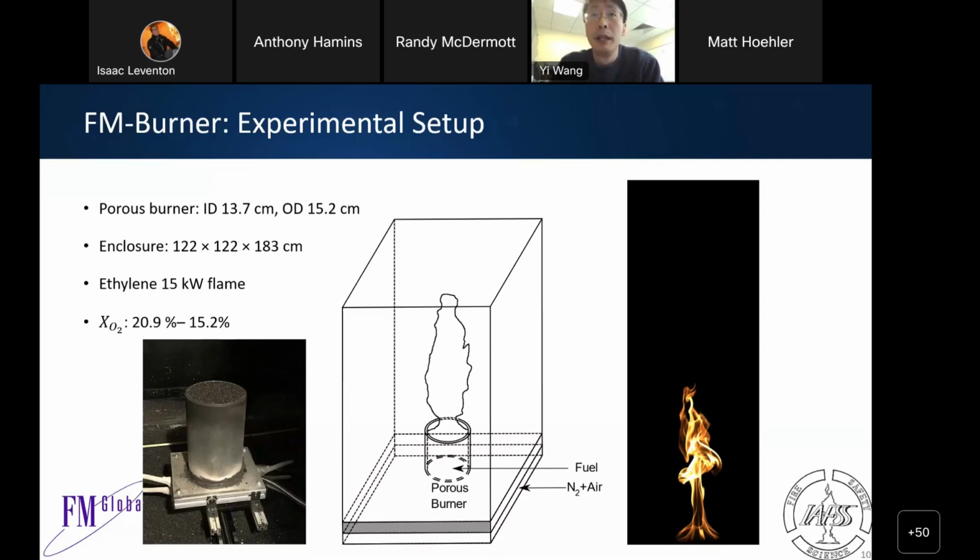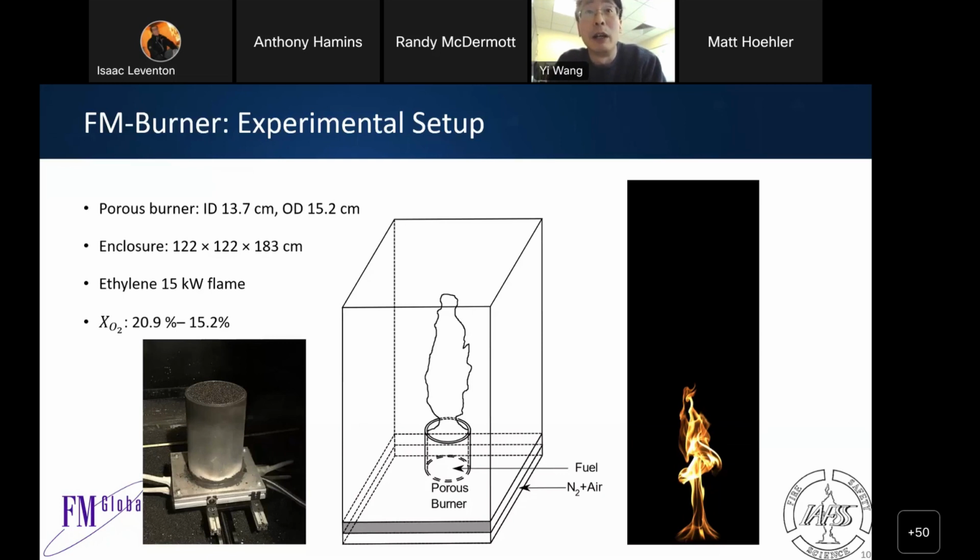The burner is put in an enclosure of about 1.2 meters by 1.2 meters in dimension and 1.8 meters high. We use that enclosure because we can control the cold flow and the inside oxygen concentration.